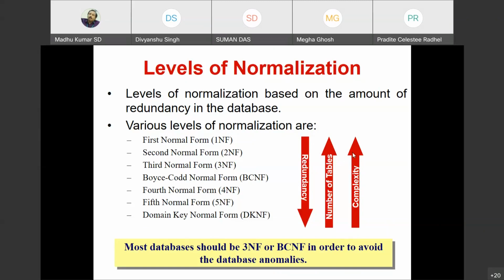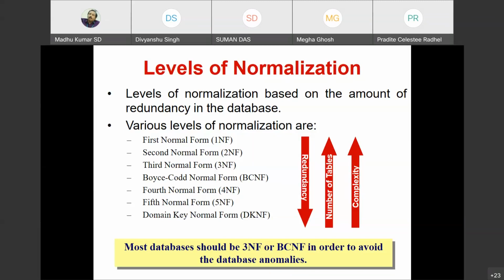If you are splitting a design which has 3 tables into an equivalent design where you have 15 or 20 tables, definitely the redundancy can be reduced with smaller tables, but the complexity of the design will go high.